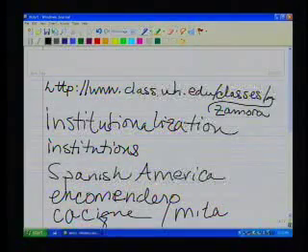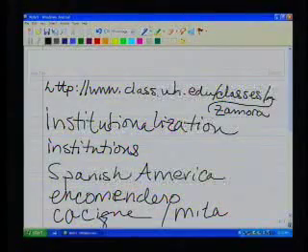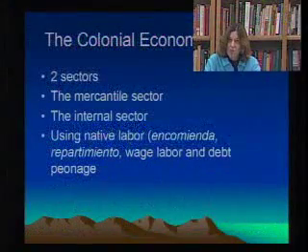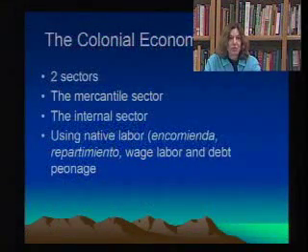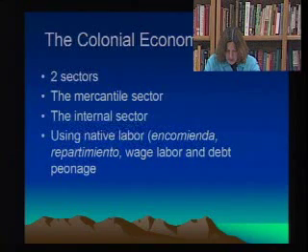The system of rotational labor draft functioned in the following way. Again, an area and a cacique would be assigned to someone through the system of repartimiento, to a Spaniard.